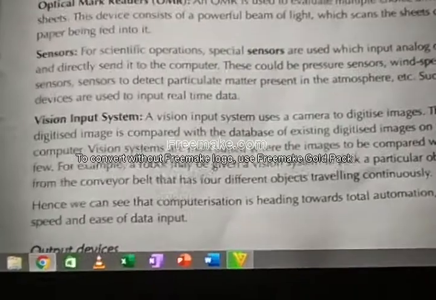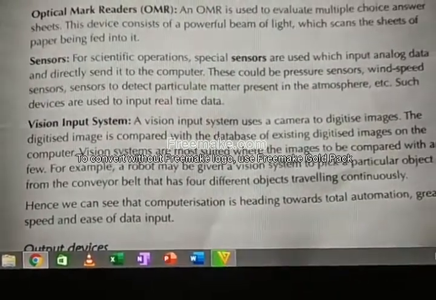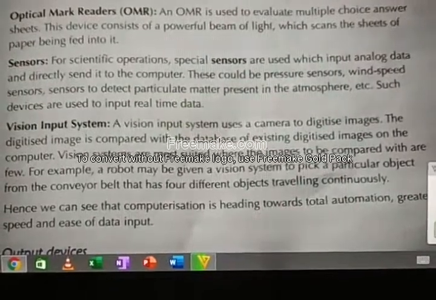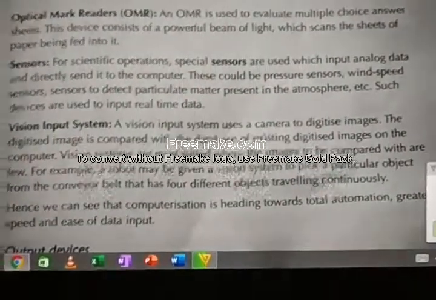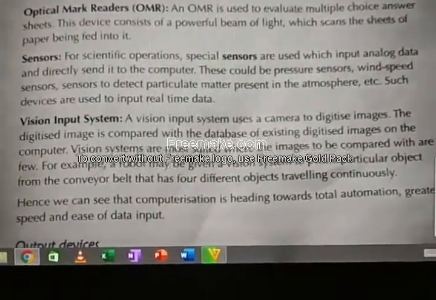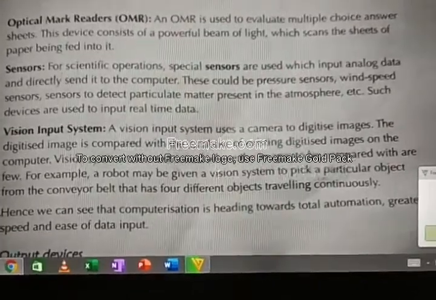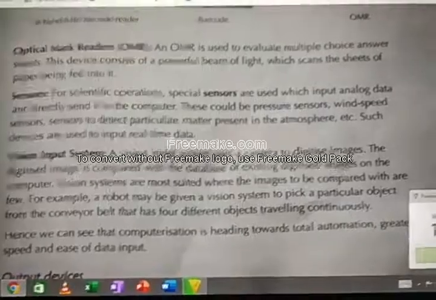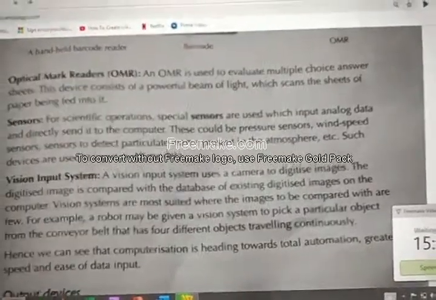Then you can write a small program to move the robot from one place to another, and by reading that picture, the robot will take the particular object which is in front of it.